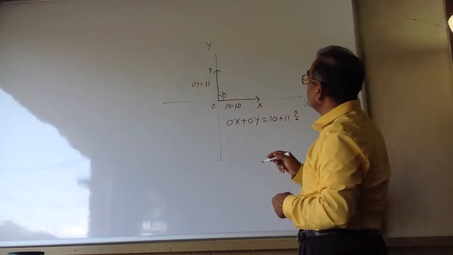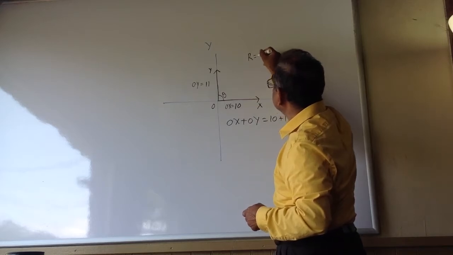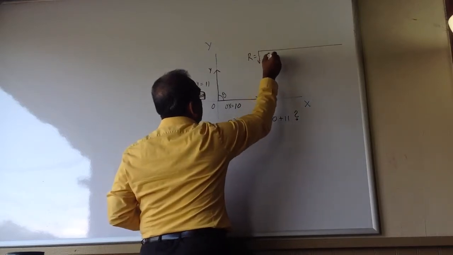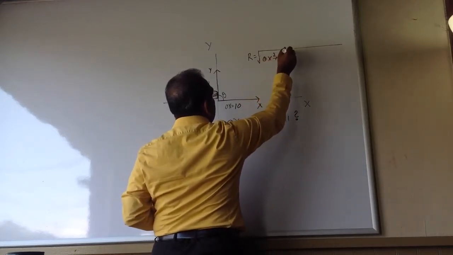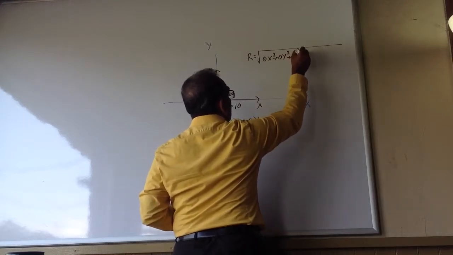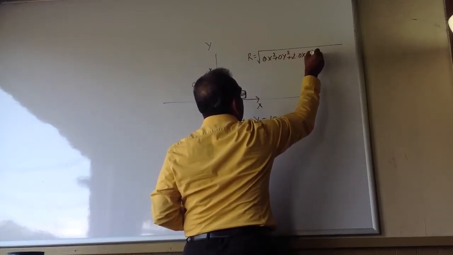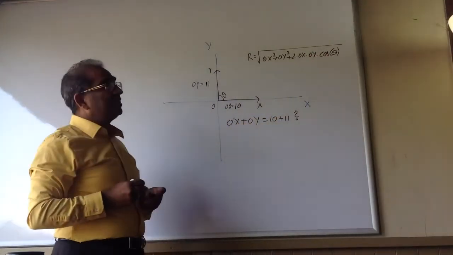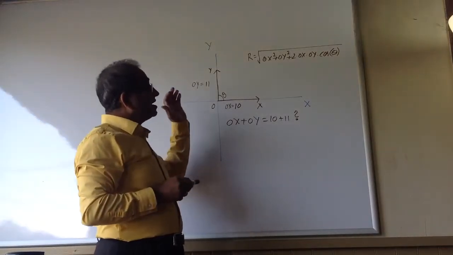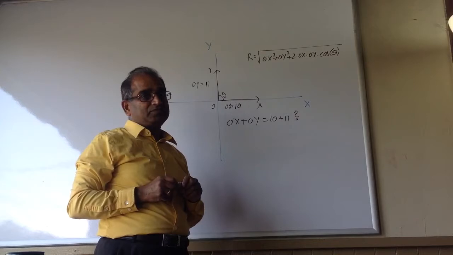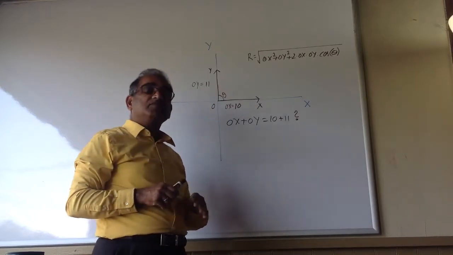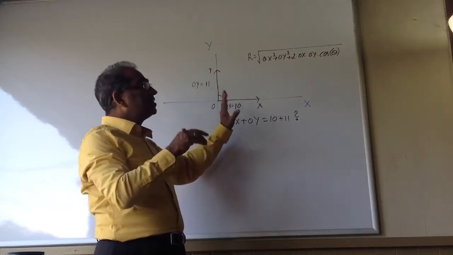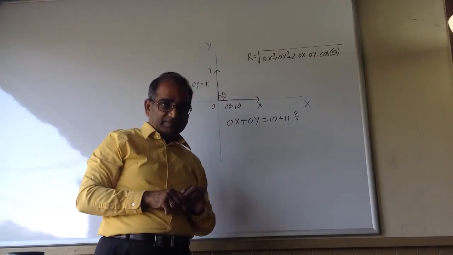Then the resultant is given as R equals square root of OX square plus OY square plus 2 times OX times OY times cosine of the angle between them. This gives you the sum of the two vectors value. How did I get that is a different story. I will prove that, but at present, let's assume that that's how the value is given.